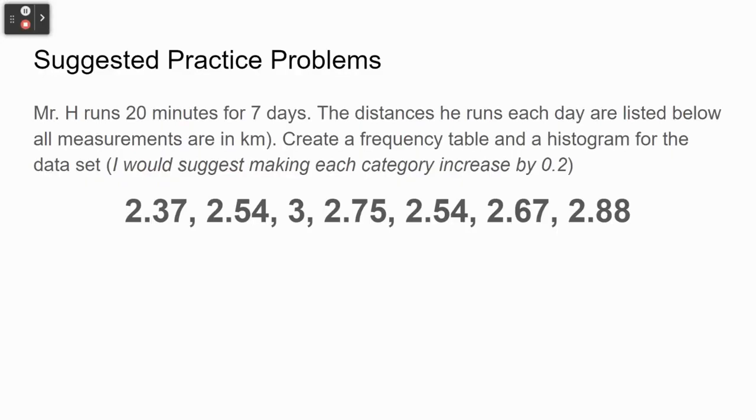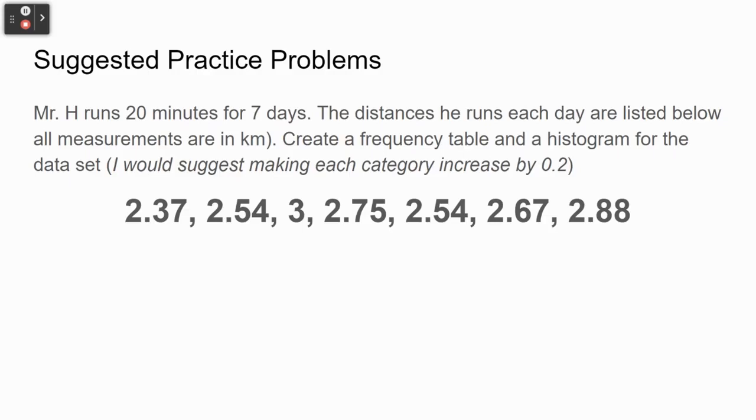You're going to create a frequency table and a histogram for the dataset. I'll give you a hint on this one just because you're dealing with decimal values here. I would suggest making each category of your frequency table increase by 0.2.